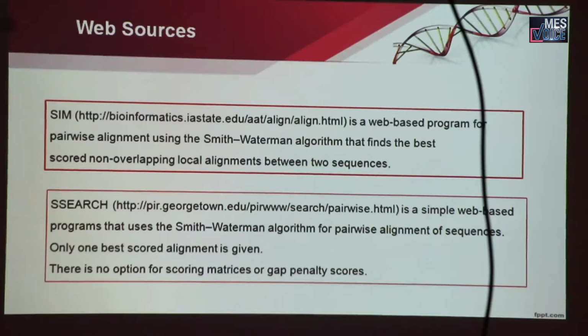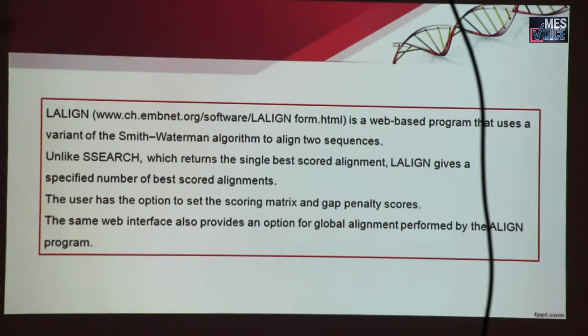Then SSEARCH is also a dynamic programming method based on the Smith-Waterman algorithm. Then LALIGN is also an alignment program which uses the Smith-Waterman algorithm. But unlike SSEARCH, LALIGN gives a specified number of best score alignments. You can use it, it is available.